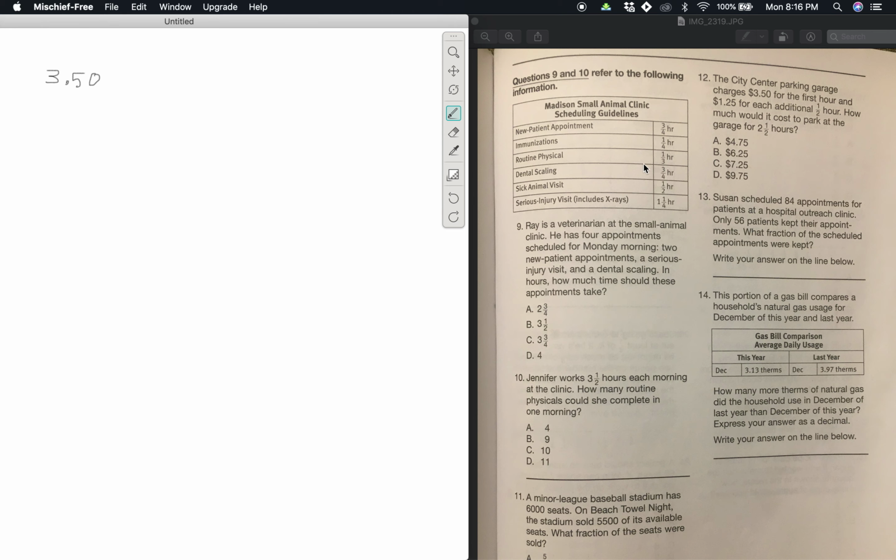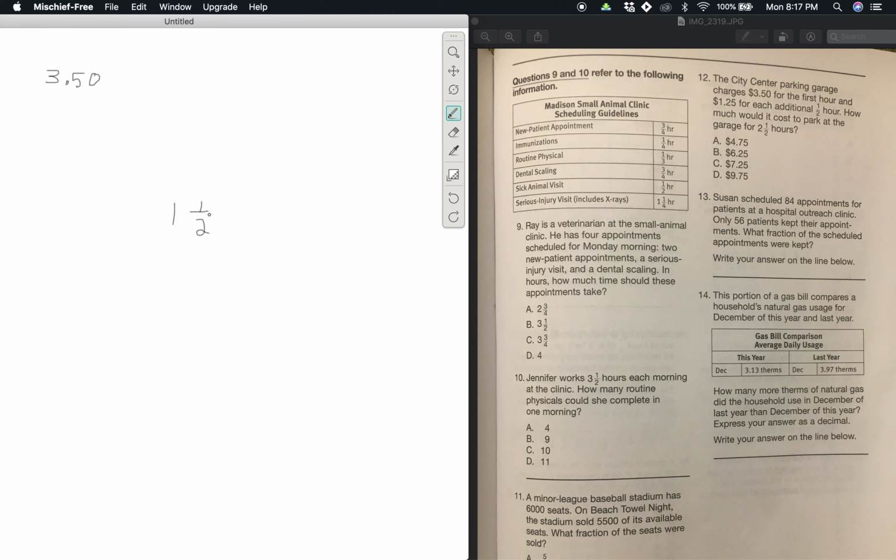So we remove 1 hour from 2.5 hours. This should be pretty obvious to you. We have 1.5 hours left. And we know that in 1.5 hours, there are 3 half hours.